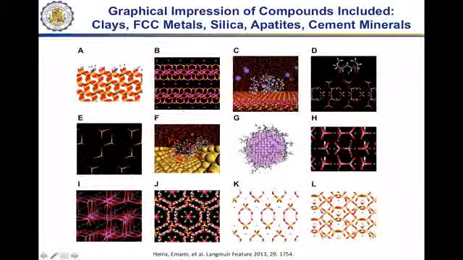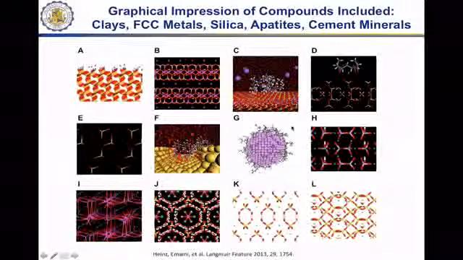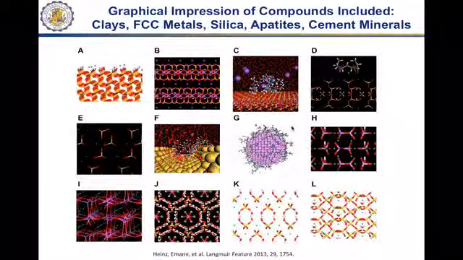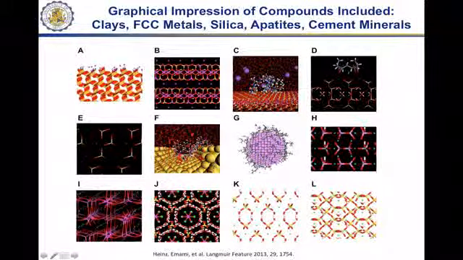So overall, what we can say, maybe from a graphical snapshot, is that now we can look at actually any type of compound in the periodic table and develop an interface parameterization. We can see here some of them are aqueous minerals, like panel J, or others. Here A is the silica surface, or F is some metal, or G is a palladium nanoparticle.